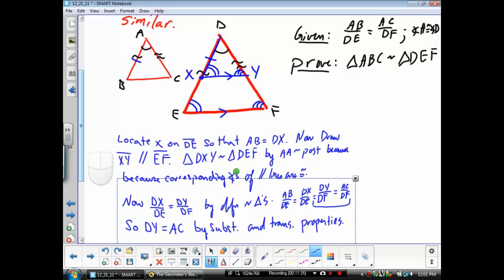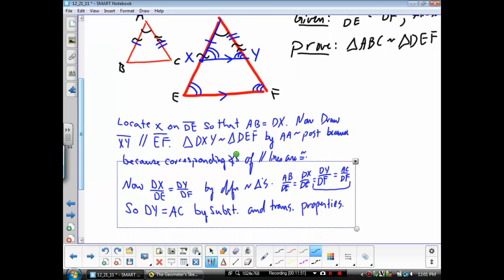We now have not only AB equal to DX, but AC is congruent to DY, which means that triangle ABC is congruent to triangle DXY, and that would be by side-side-side. So since DXY is similar to DEF, and since ABC is congruent to DXY, I can do a substitution there and say triangle ABC must be similar to triangle DEF.